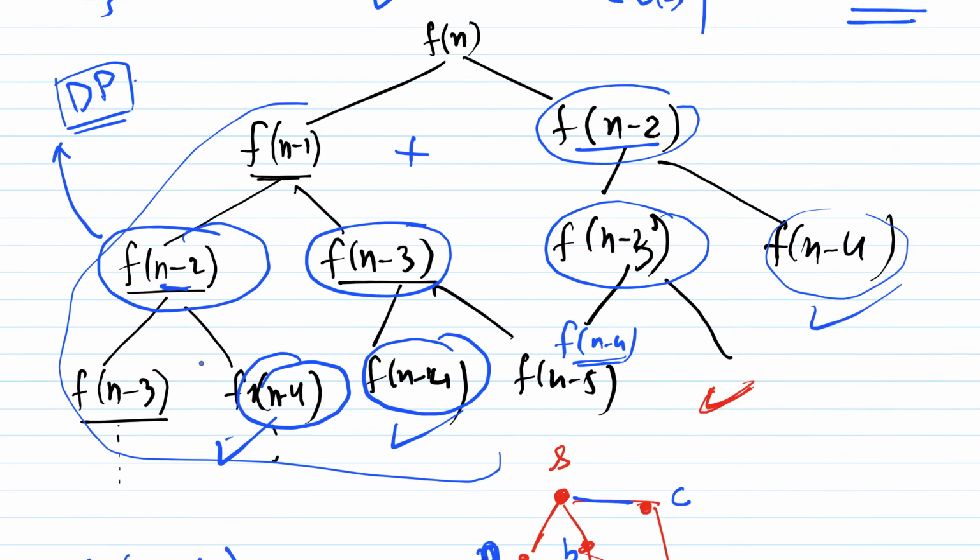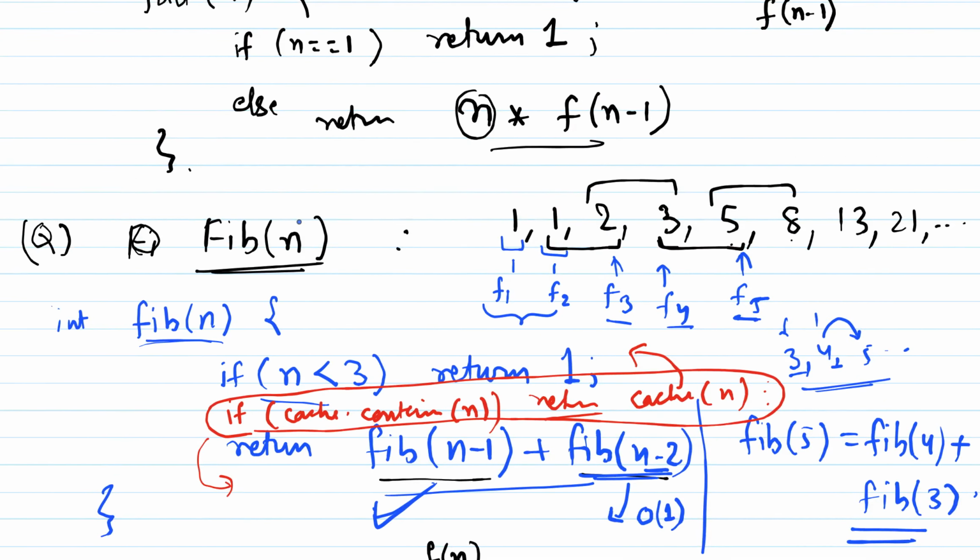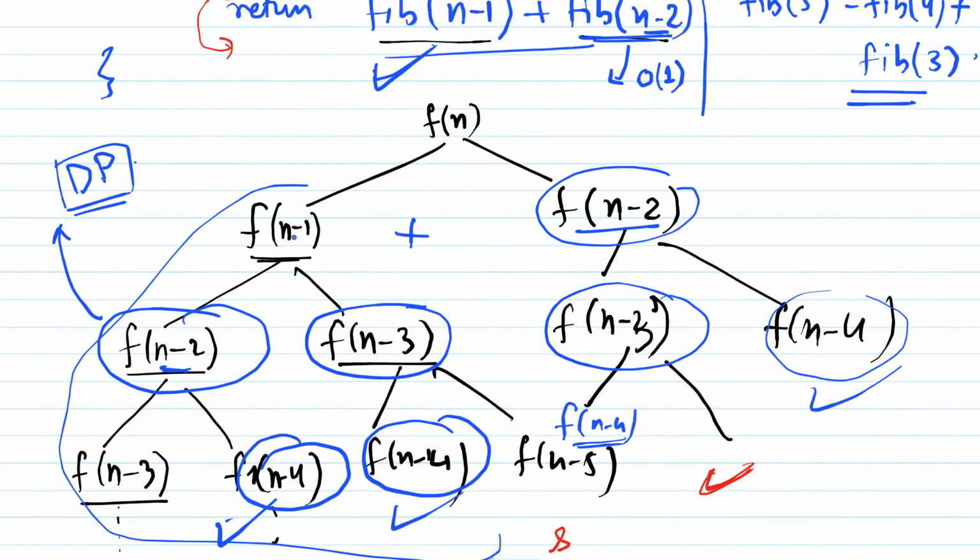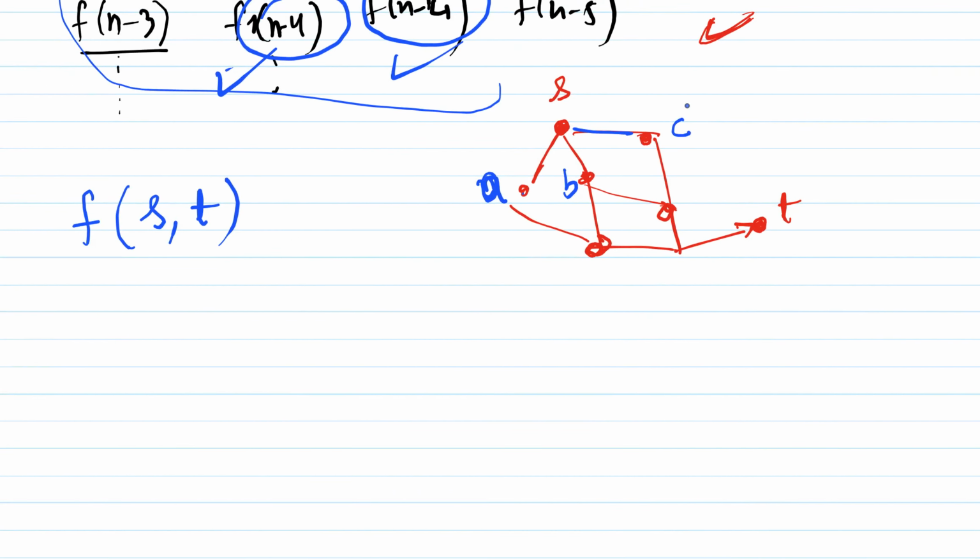And in recursion, there need not be an explicit n all the time. This may be implicit also. Like let's say here you are given a graph which has 100 nodes. So implicitly, not directly, you can think that this n is also there.